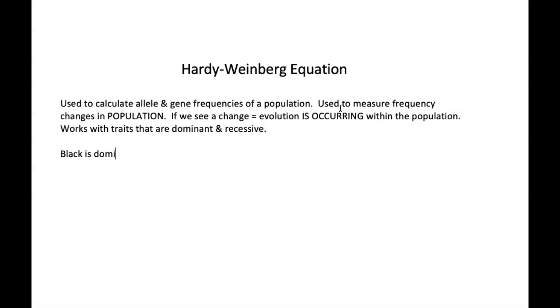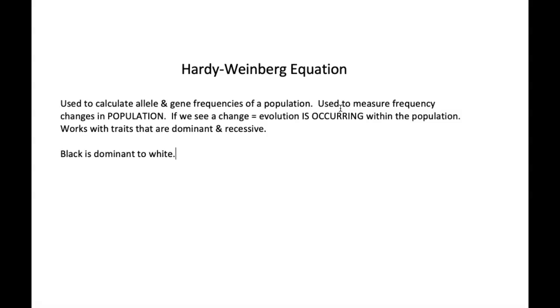Black is dominant to white variation, or whatever we're talking about. This could be fur color in cats. It could be petal colors in flowers. It could be tall versus short. So you really have to think back to genetics when we're talking about Hardy-Weinberg and use the knowledge we gained during genetics to say, okay, now I can apply that into this equation to understand if the population's evolving.